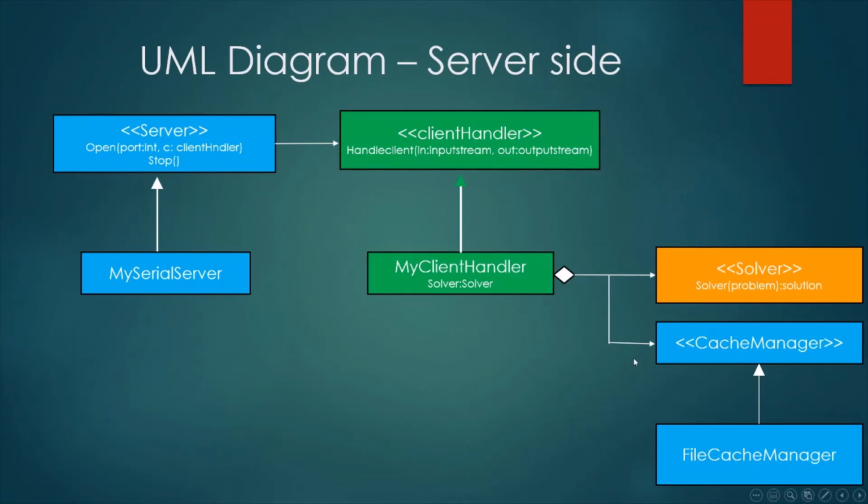Now, from the perspective of our code, the server is actually a socket server. The client handler is a class that we've built, myClientHandler, that has a solver, which is the BFS or the ASTAR, and the cache manager, which acts as the hash map that we can query for solutions that we already calculated.